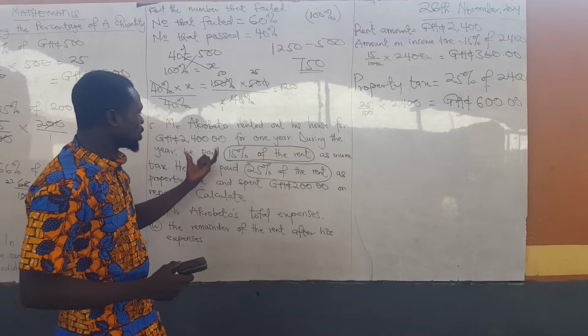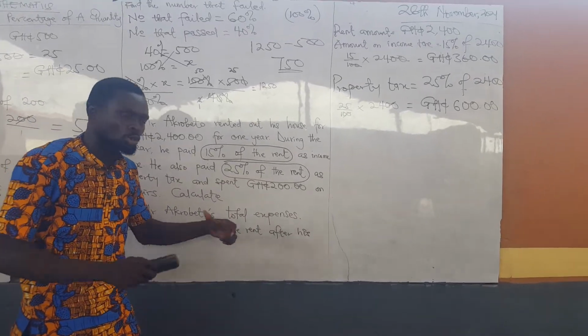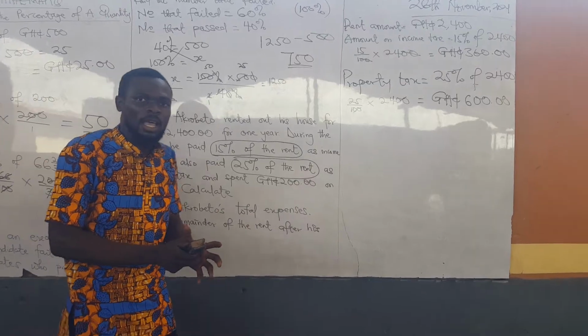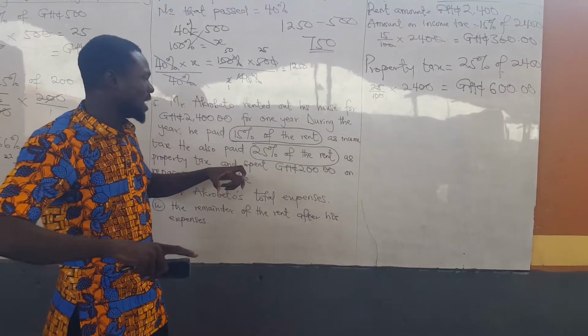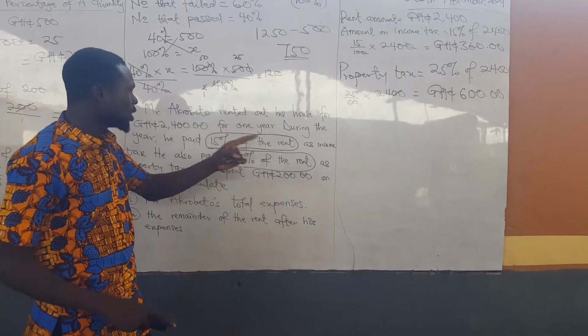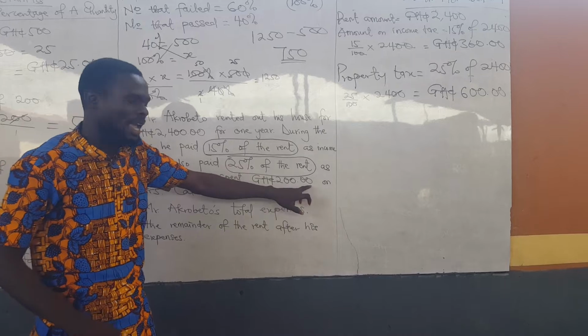So we are doing all this because he said we should calculate Acrobatus' total expenses. The expenses during the year include income tax, property tax, and repairs.